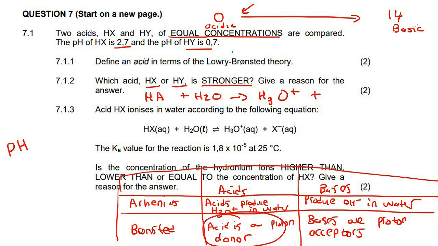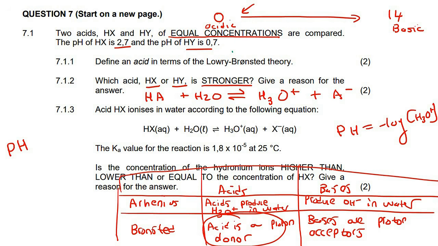And the leftover is A minus, which is an acid that has lost its proton. Now, the reaction can go forwards and reverse. And pH is equal to negative log of H3O plus, the concentration of hydronium.